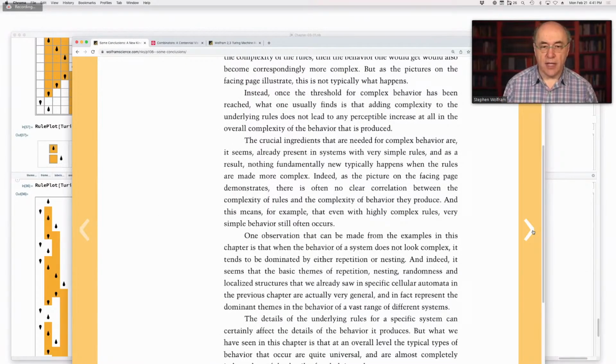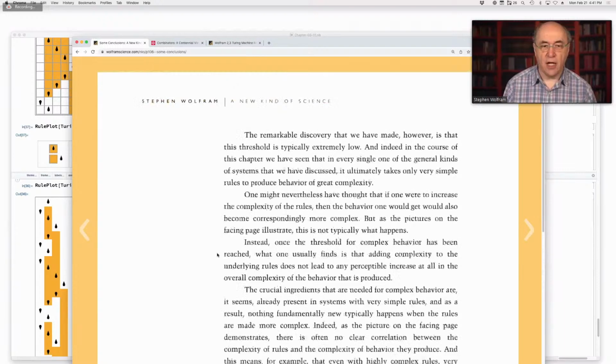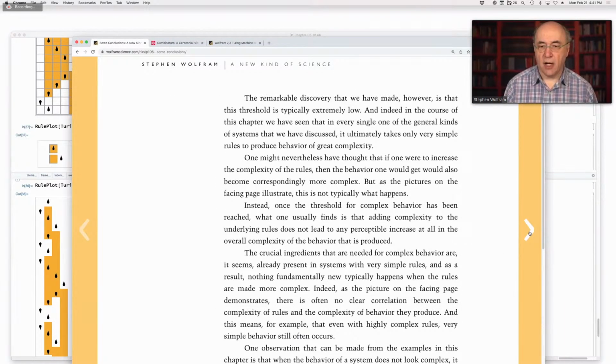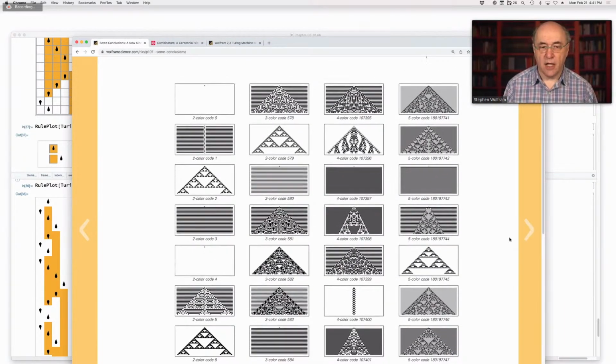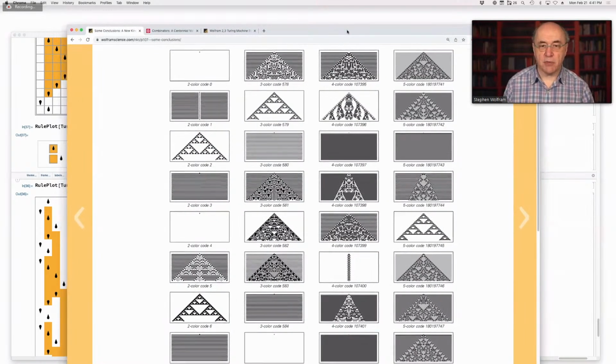Well, so in the NKS book, I talk about at the end of chapter 3, I pretty much am summarizing what we've seen here. And the big summary is it doesn't really matter. After you get beyond the obviously simple behavior of these systems, you get into this zone of sort of maximal complexity. And that's kind of what led me to this principle of computational equivalence.